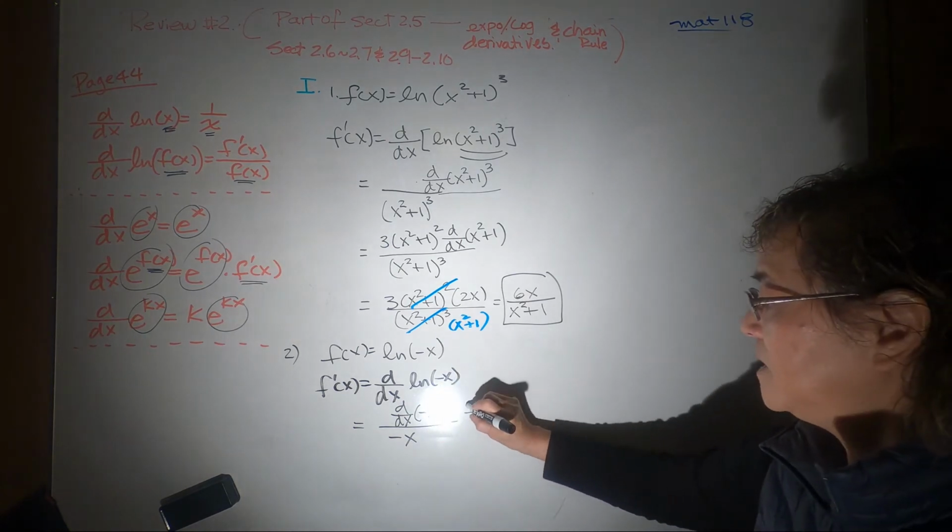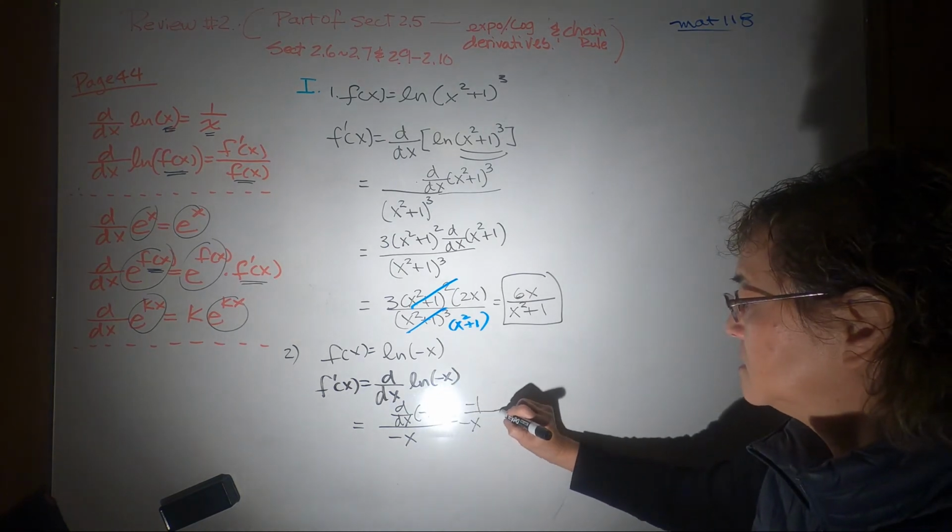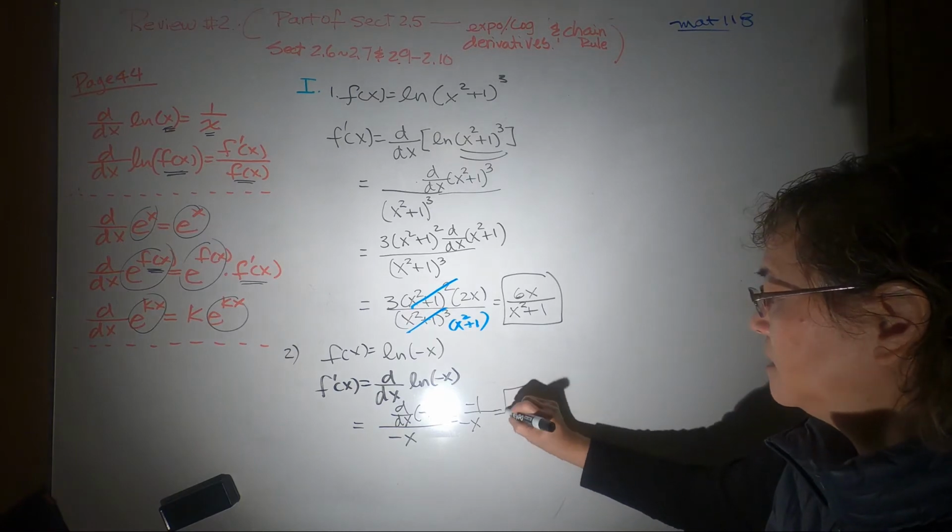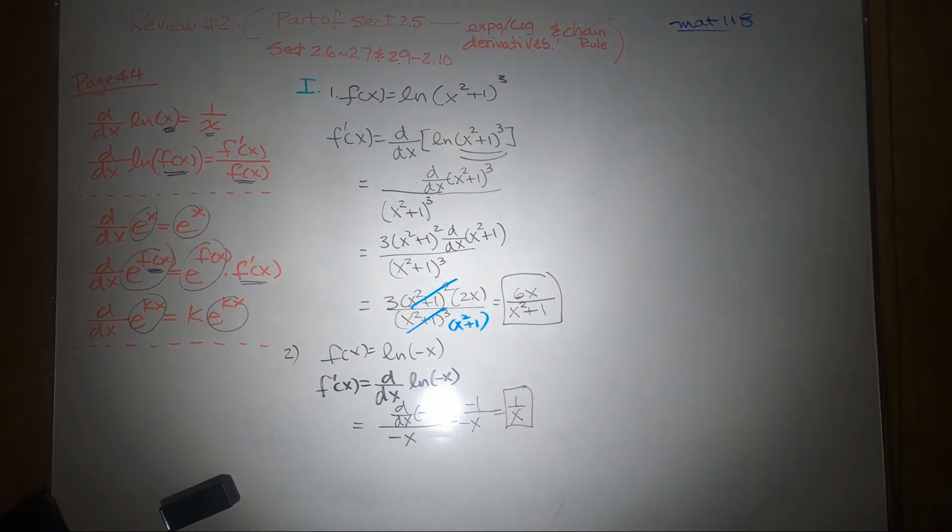That would be negative 1 over negative x, so that would be 1 over x, right? So you should be okay to do the derivatives for the natural log, right?